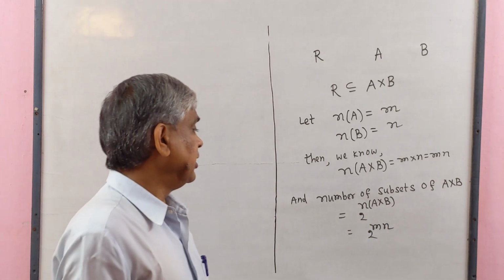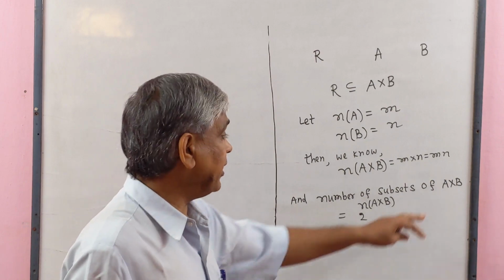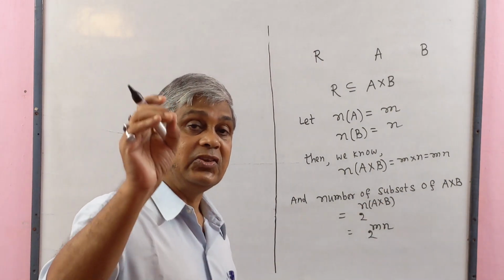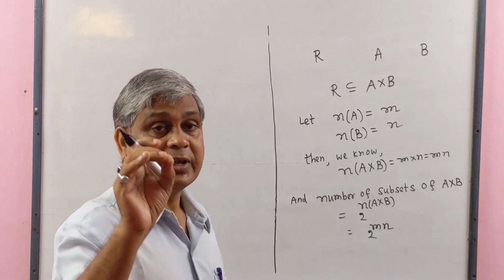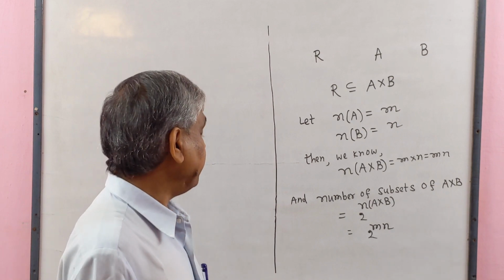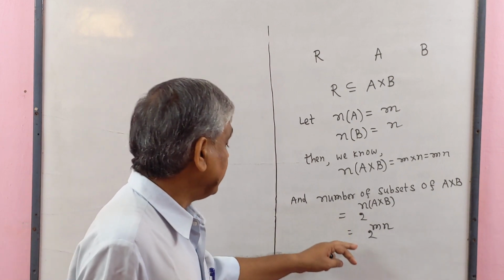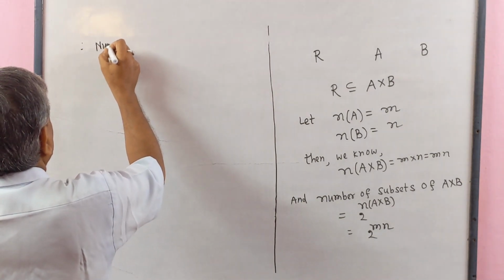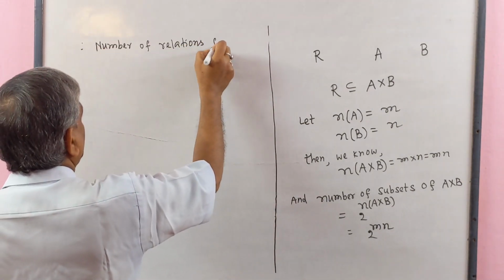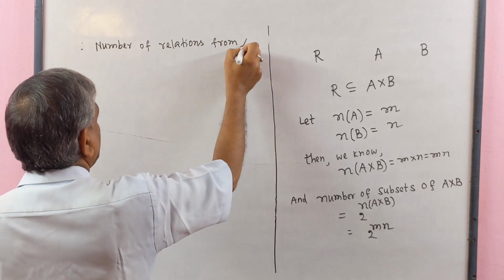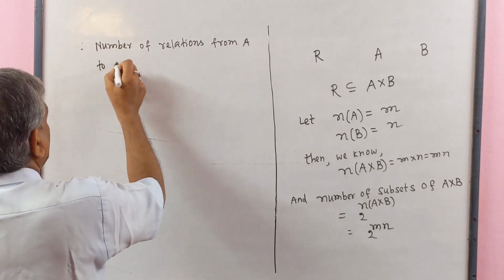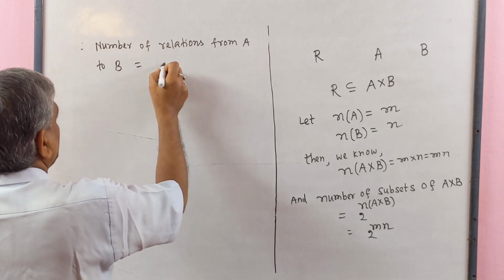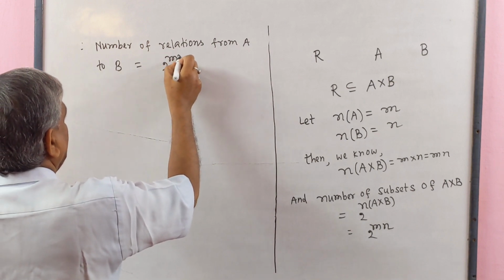Since each subset of A cross B is a relation from A to B, therefore the number of relations from A to B equals 2 to the power MN.